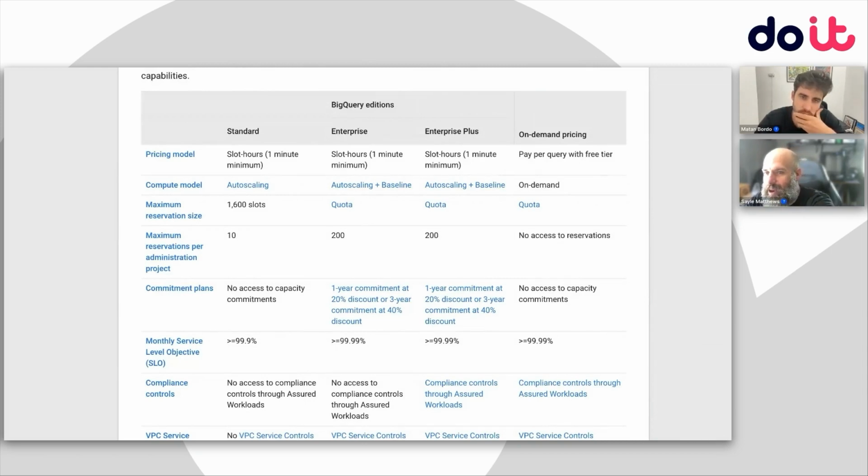But one thing I want to point out is the max reservation size of 1,600. That is the maximum it allows per reservation, so they cap you at that. But if you don't need 1,600 slots, you can go below it, and Standard Edition might be a good way to go. Assuming you don't need anything like service controls or being able to control row or column access, Standard Edition is perfectly good for most workloads.